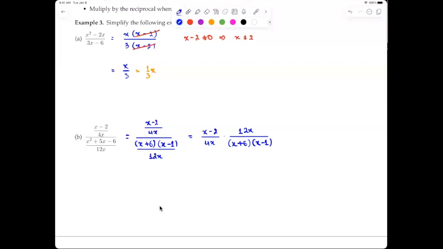Here again, x is different from 0. And then in the denominator, you have x plus 6 different from 0 and x minus 1 different from 0. So x different from 0, x plus 6 different from 0 implies x different from negative 6, x minus 1 different from 0, x different from positive 1.